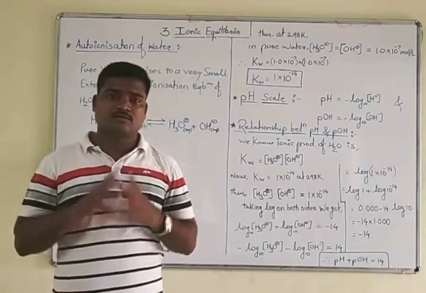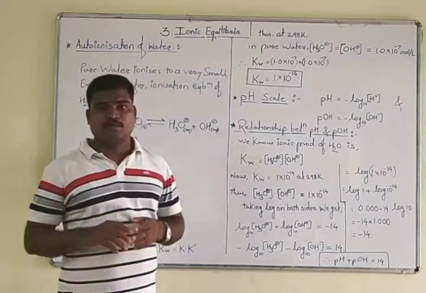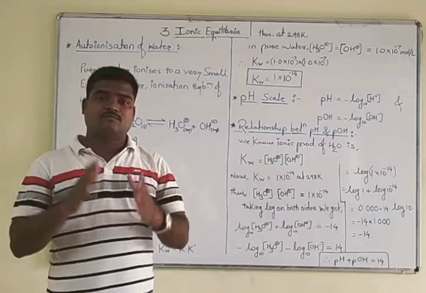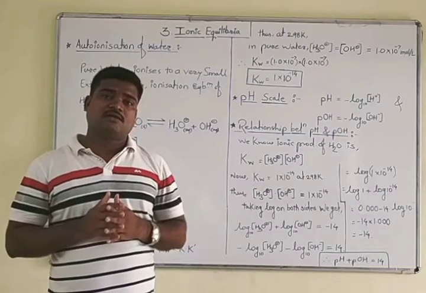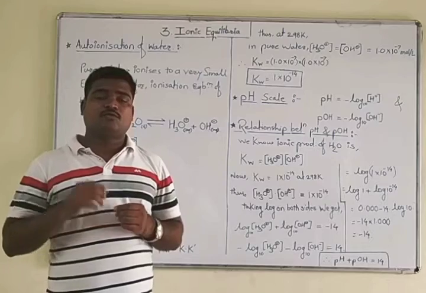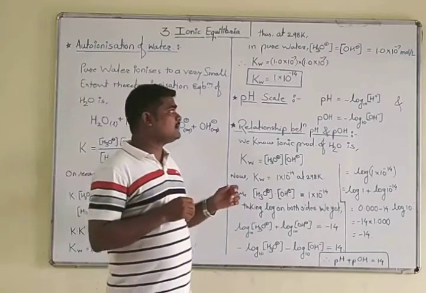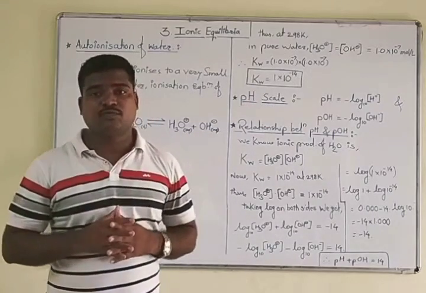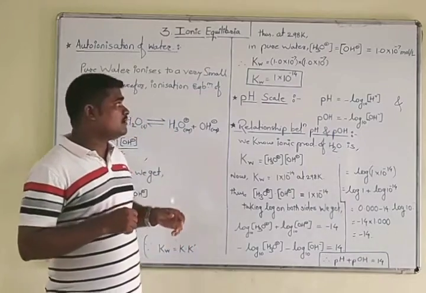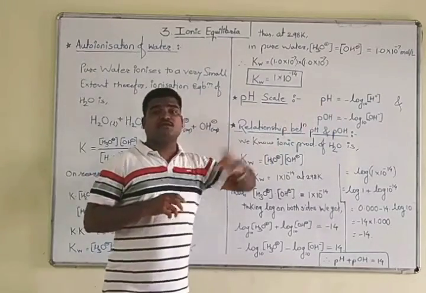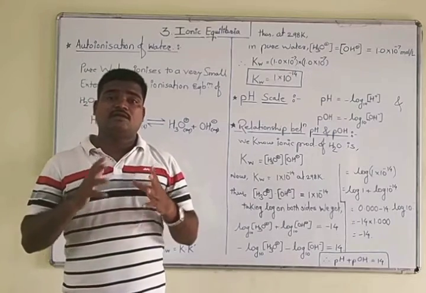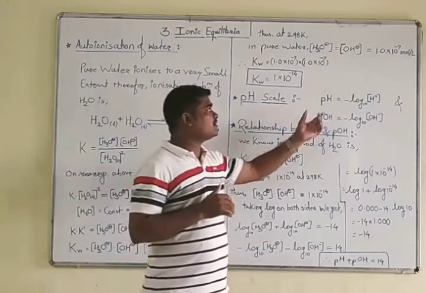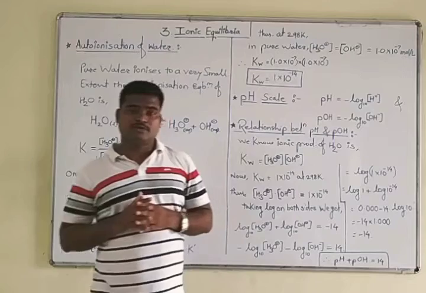The pH scale tells us that for acids and bases there is a specific arrangement to measure acidity and basicity, and this pH scale is very useful for the determination of H+ concentrations and OH- concentrations in a specified solution. So we are going to determine what is meant by pH and what is meant by pOH.